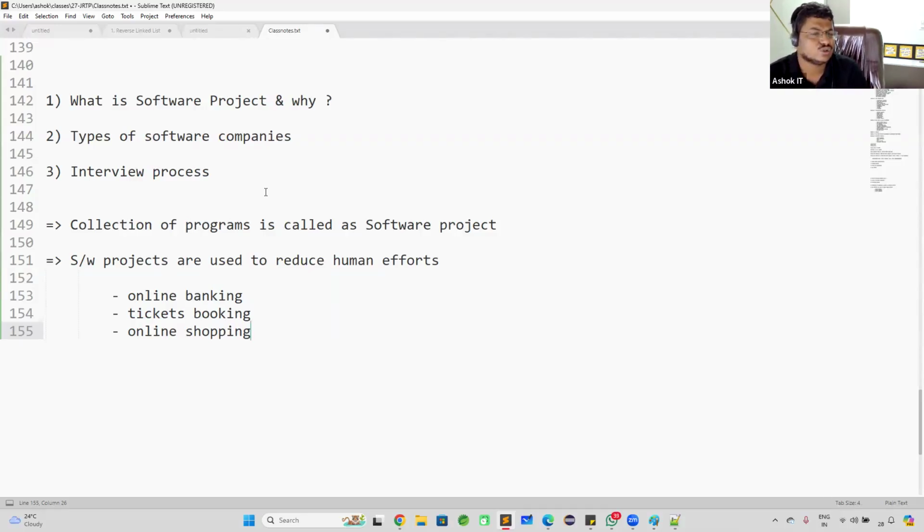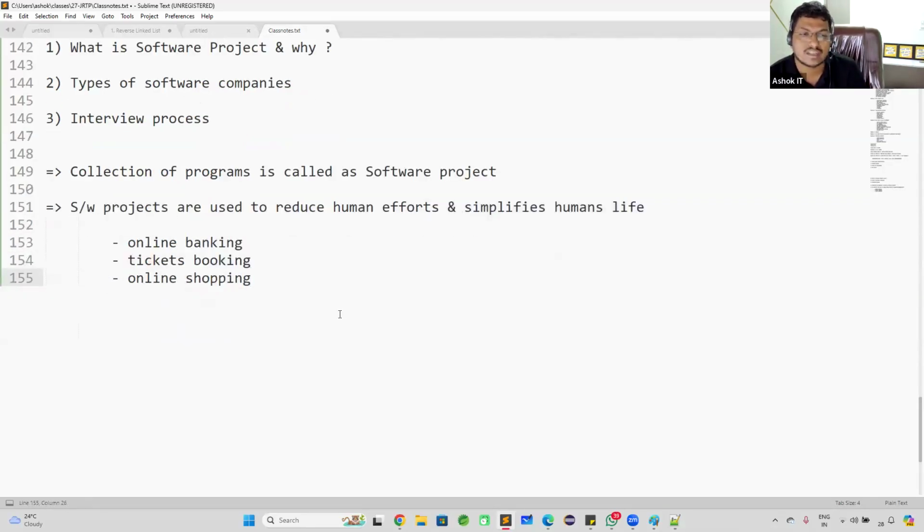Like this, there are so many software projects available. They are used to reduce human efforts and simplify humans' life. Software project is nothing but a collection of programs.